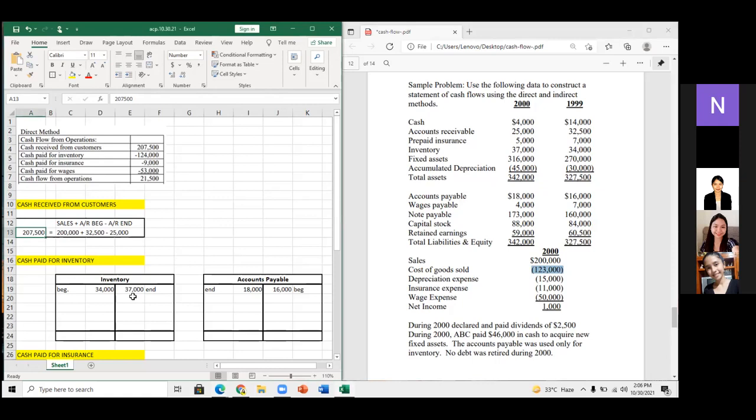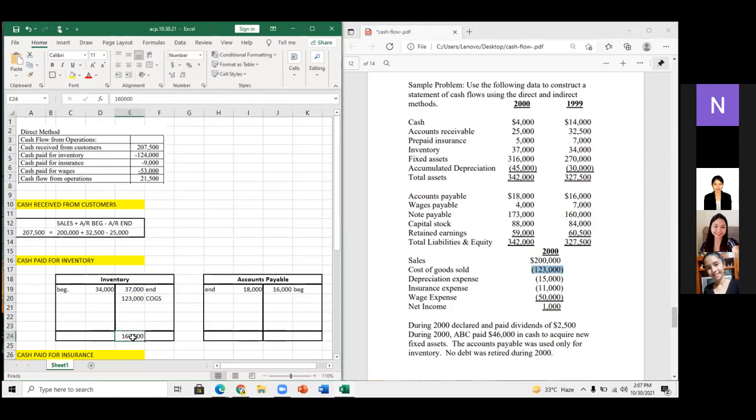So, dito sa inventory, sa T account, maglalagay tayo ng 123,000. Ito yung COGS, yung cost ng inventory na nabenta na. Ipag-add natin siya, 123 plus 37. Ibig sabihin, ang total sa credit side ng inventory is 160.